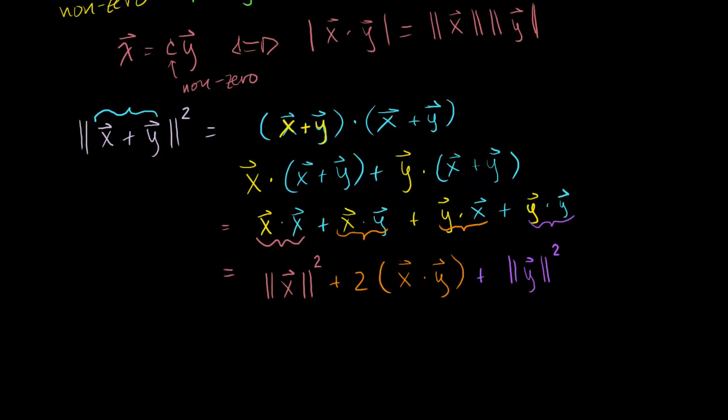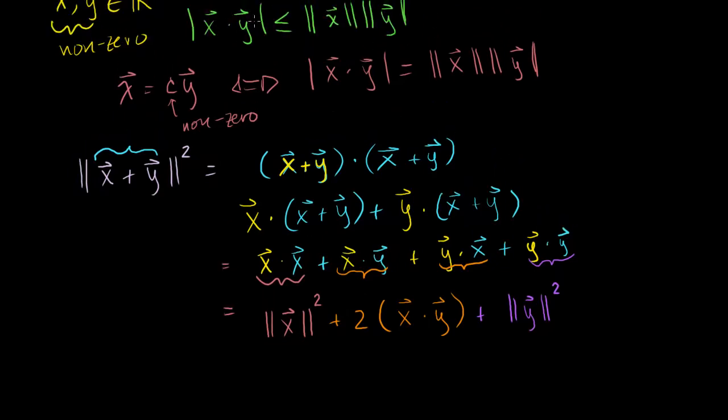Now, let's see if we can break out our Cauchy-Schwarz inequality. Or maybe Schwarz, I don't know if I'm pronouncing it right. But x dot y has to be less than or equal to the absolute value of x dot y. Why is that?